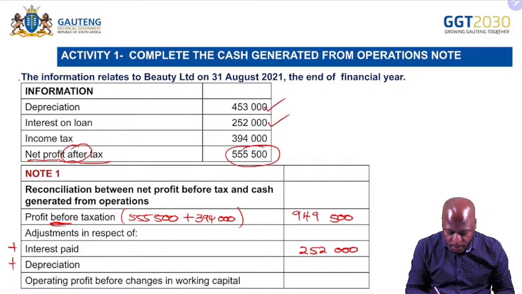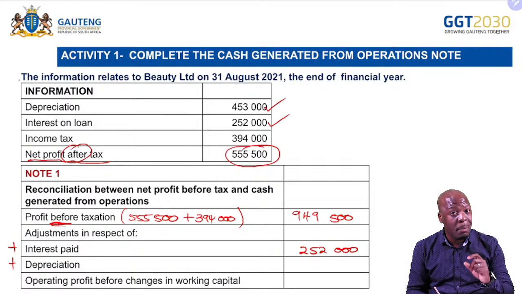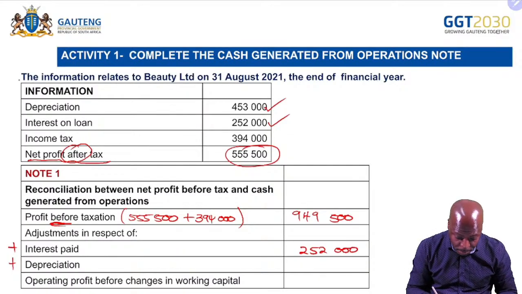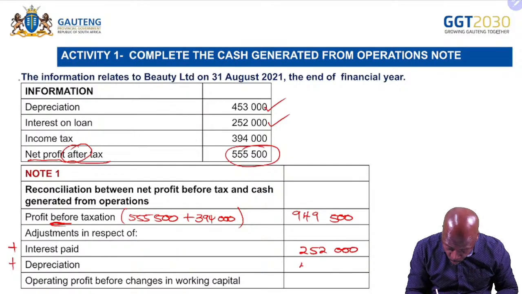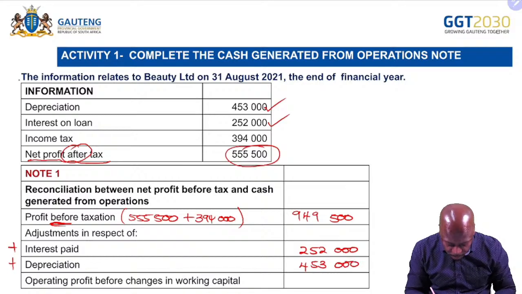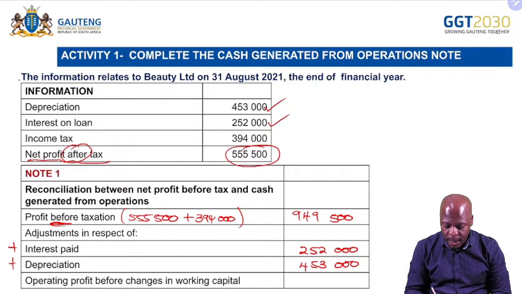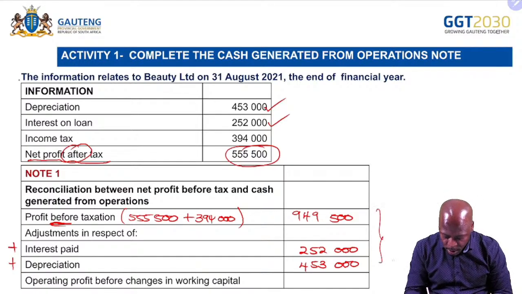And the next one I'm going to add back is my depreciation. And the reason I'm adding it back, you remember? Exactly. It is a non-cash item. So I'm going to add back my depreciation, which is 453,000. Okay, I want you to punch in those figures. You should find an amount. So I'm adding these three figures here.